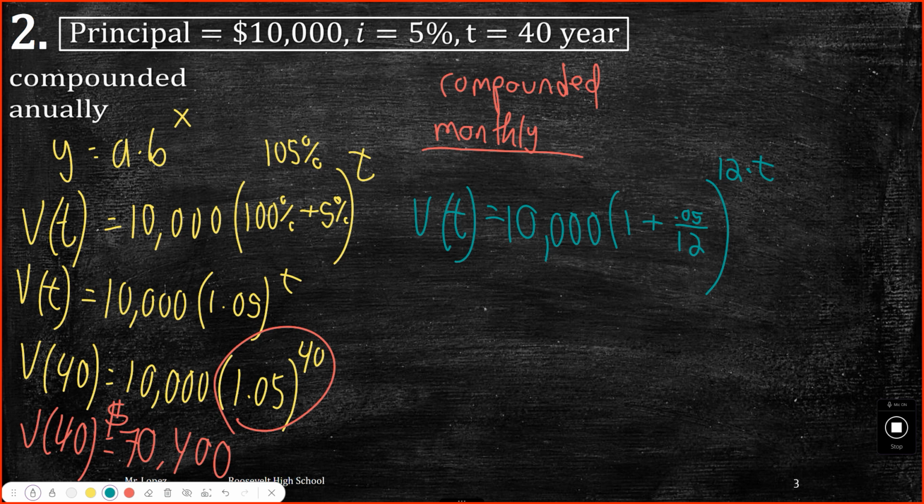So the value of t is going to equal 10,000. All right, go ahead and do this. Put in the calculator 0.05 divided by 12, add it to 1.